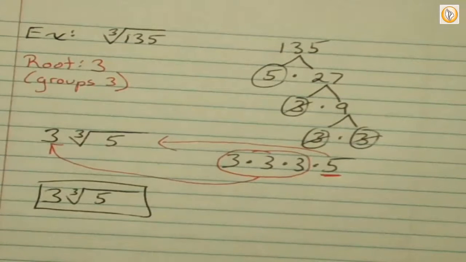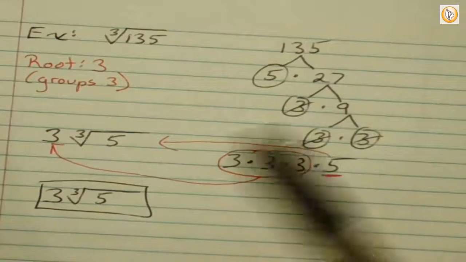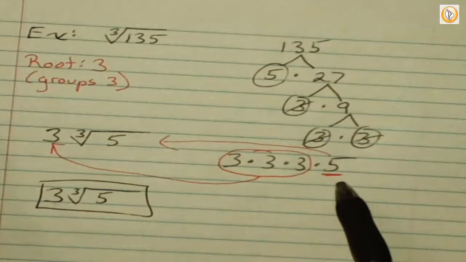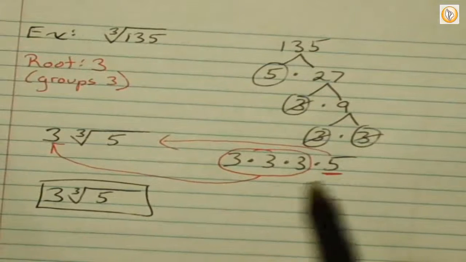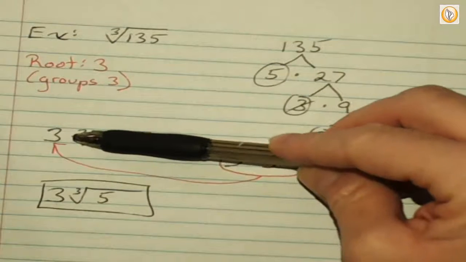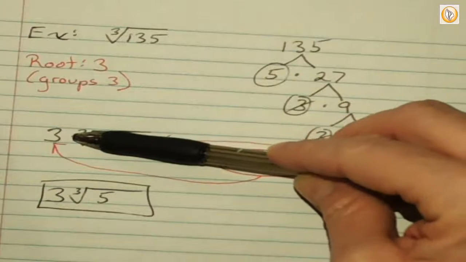Then it would probably be simplified already. Or if one of the questions in 7th grade is, what if there were no leftovers? That will be your perfect cube. The number would just be on the outside. This part would be gone. So you wouldn't have the actual numbers.